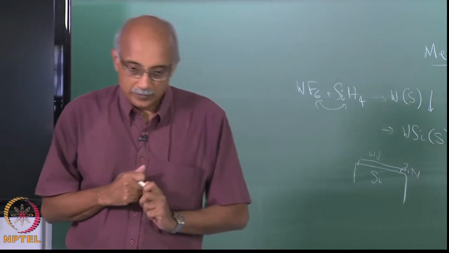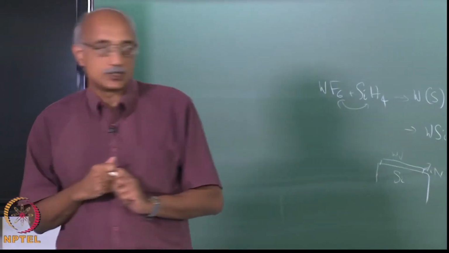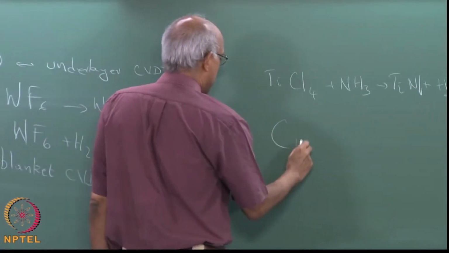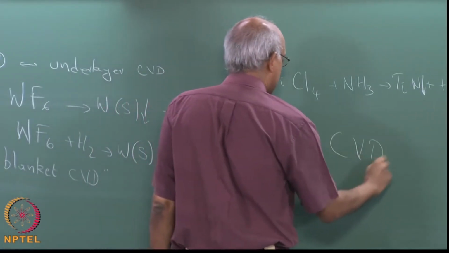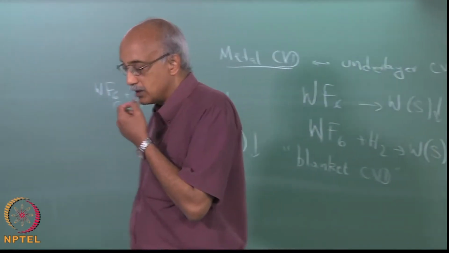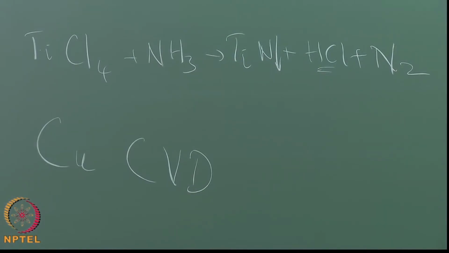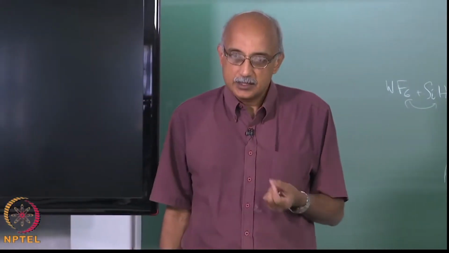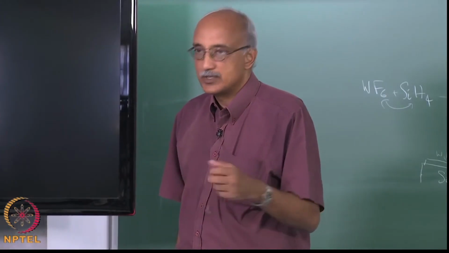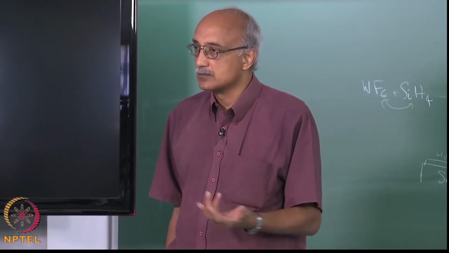Another metal that is frequently deposited using CVD is copper. Copper is a fairly reactive metal also, but the problem with putting down a copper layer using CVD is that it is not easy to find inorganic precursors from which copper can be deposited.